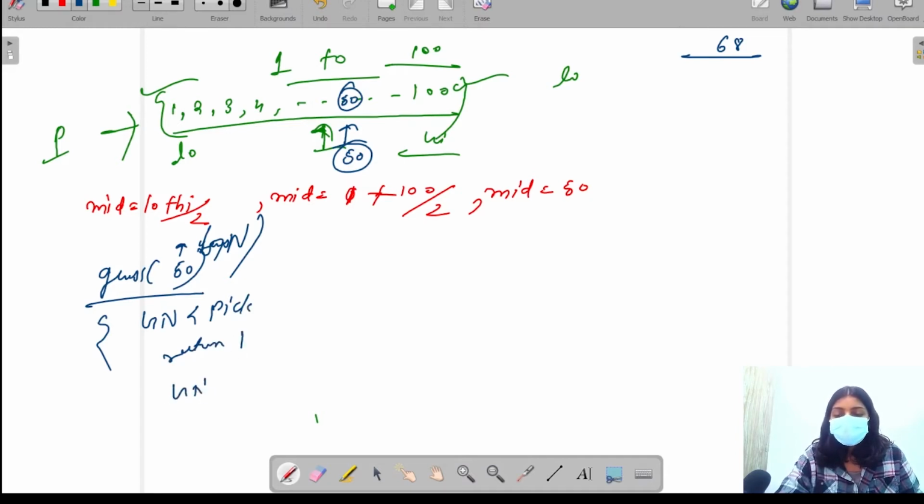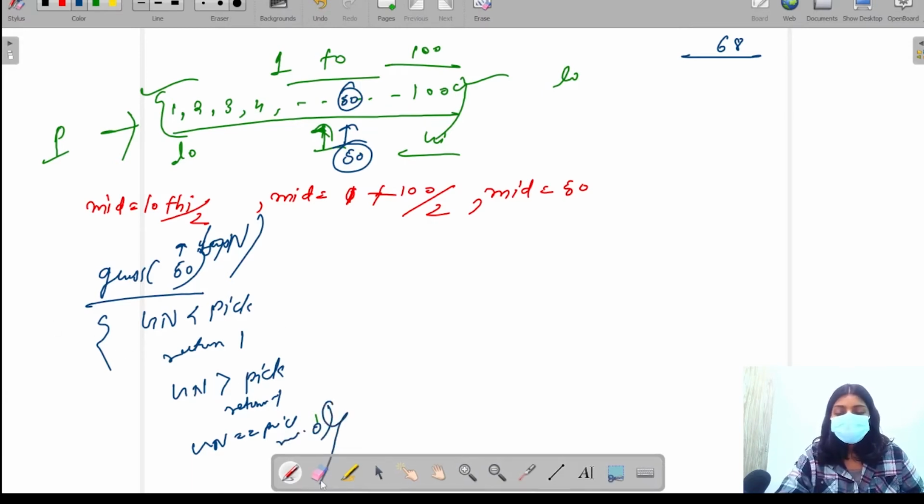If my picked number is lesser than my guessed number, it will return -1. Otherwise, if my guessed number is equal to the picked number, it is going to return 0. Let's erase this for now.